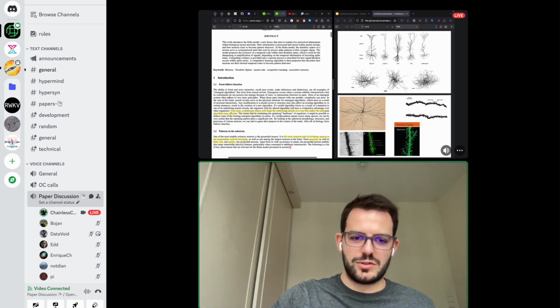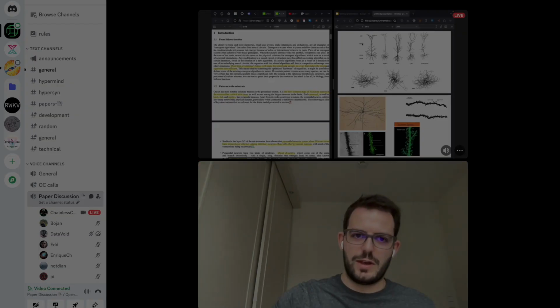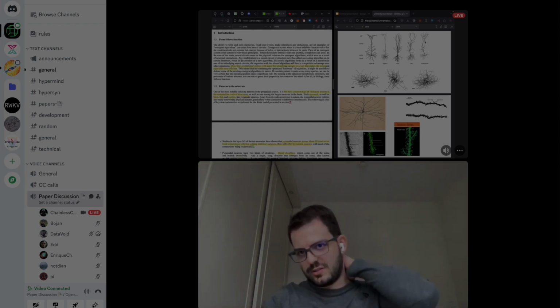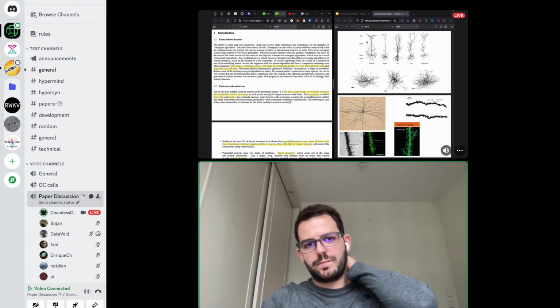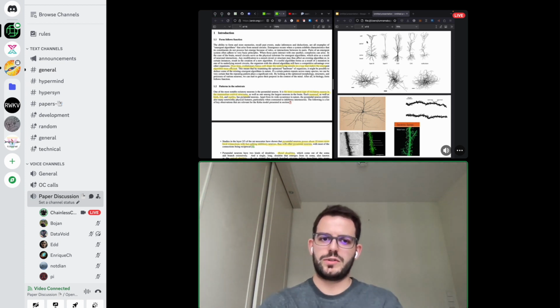And one very interesting thing, let's start with the pyramidal cells, the neurons that we see up here, if you see my mouse. These are the most common type of excitatory neurons in mammalian cortical structures. So this is very interesting. It's also one of the biggest neurons in our brains.